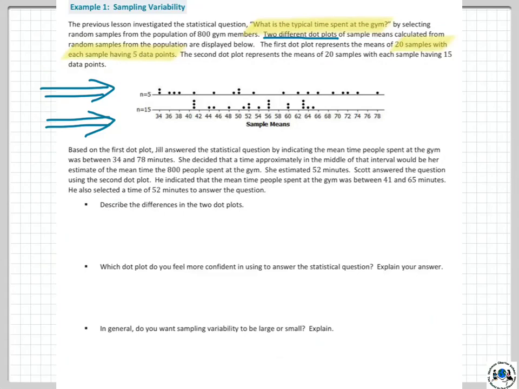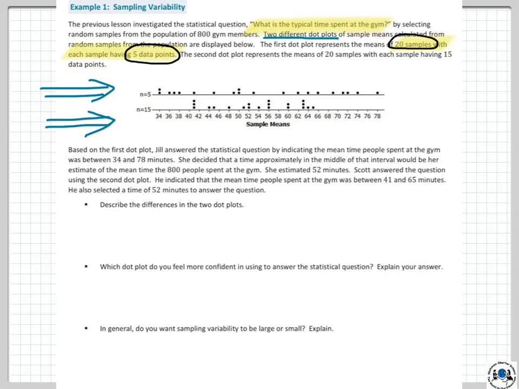There are 20 samples, so 20 different sample populations were drawn, but each of those samples had 5 data points. So only 5 different times were pulled from the population of 800 different times. Again, 20 samples, 5 data points.